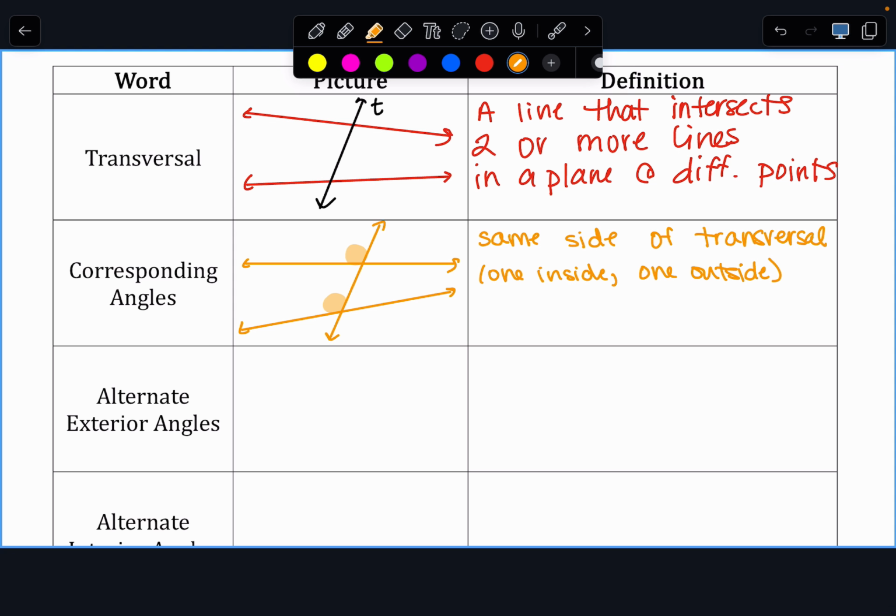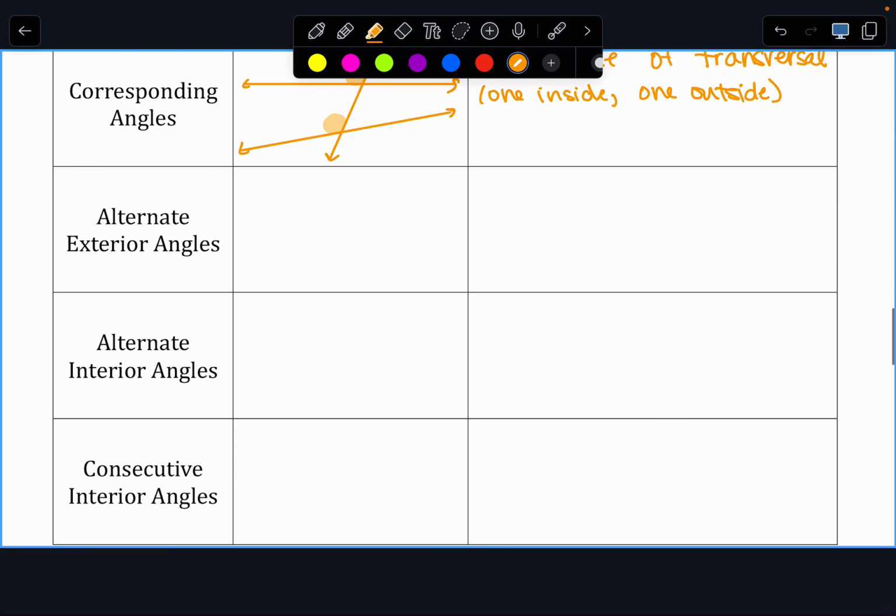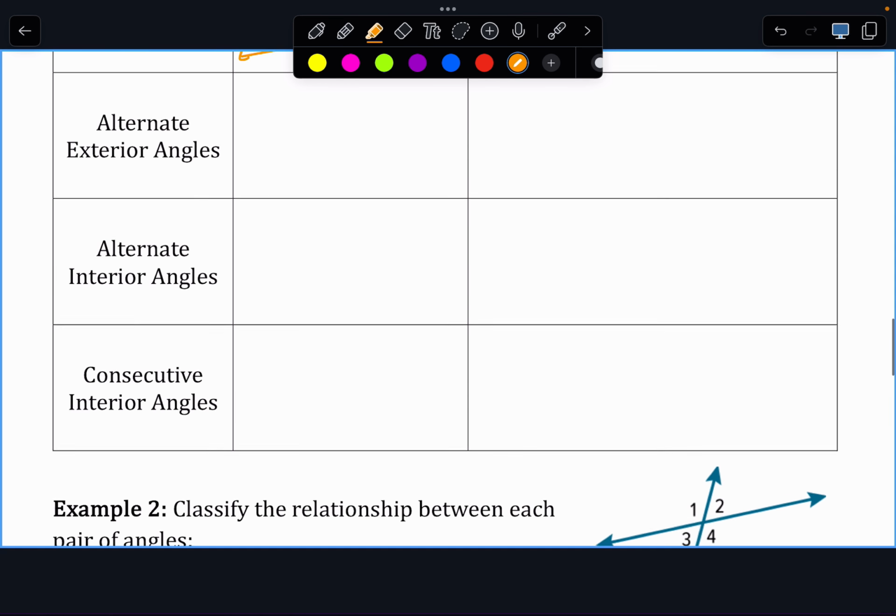You got me on the next one too. All right. Alternate exterior angles.